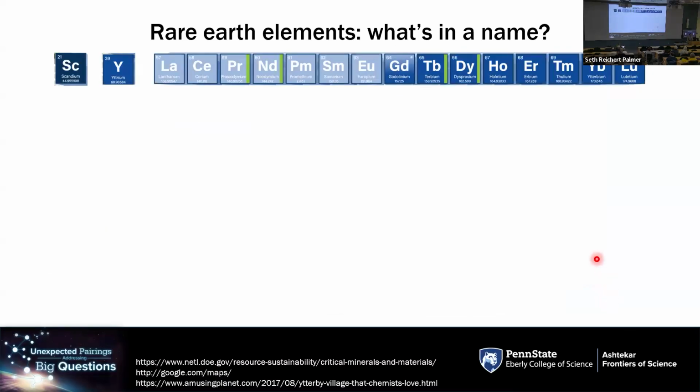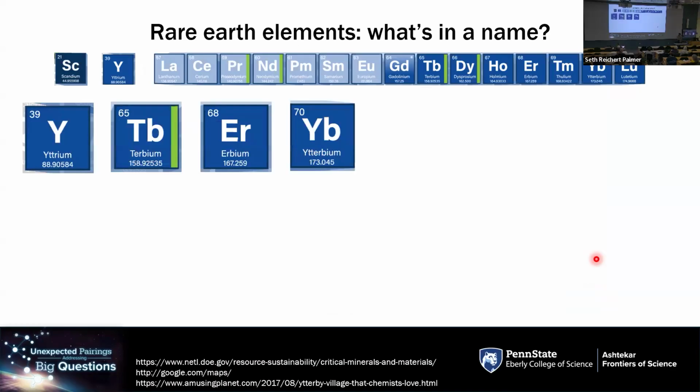I think it's instructive to think about the history of these elements, because it turns out the names of these elements tell us really important things about the chemistry that, frankly, we are still trying to resolve. Four of the rare earths, yttrium, erbium, terbium, and ytterbium, sound very similar to one another.